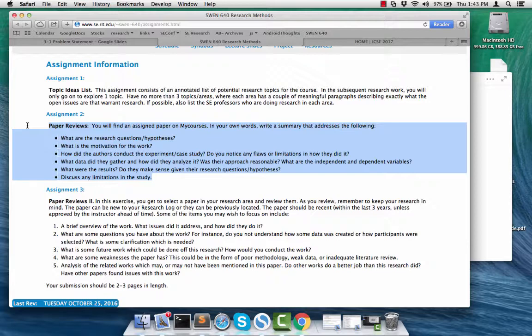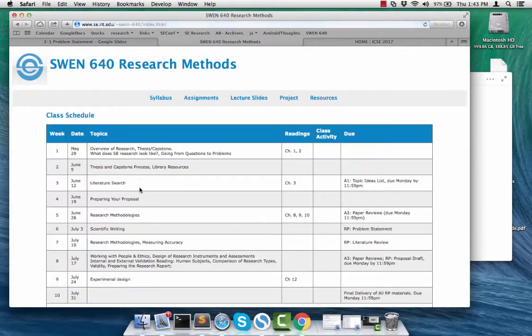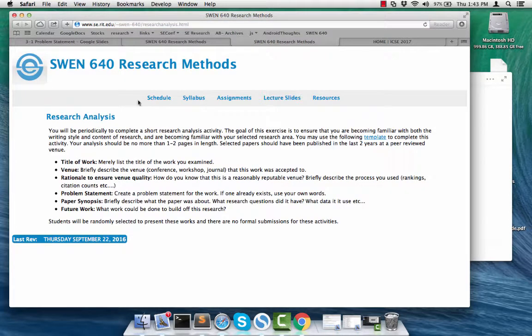If there are any other areas that you want to mention that aren't described in this assignment, maybe there's other analysis that you want to do, feel free to do that. But you should think of these sections here as the minimum that you should be doing for this work. This is on top of the normal research analysis assignment that you'll be doing.